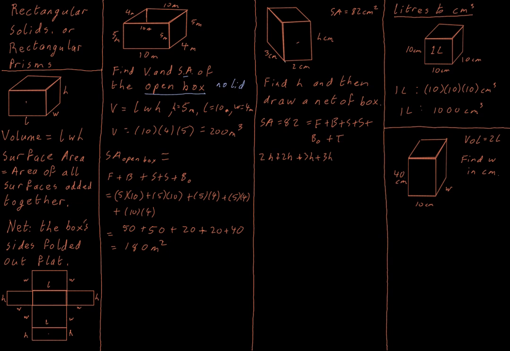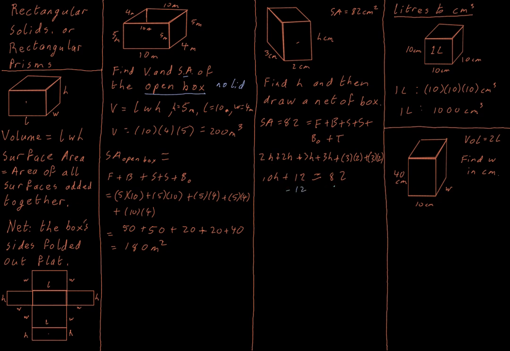And the bottom of the box is going to be 3 by 2. And the top of the box is going to be 3 by 2. So we add all of that up, and we know that it is going to be equal to 82, because that's what we're told the total surface area is. So now we have an equation to rearrange.